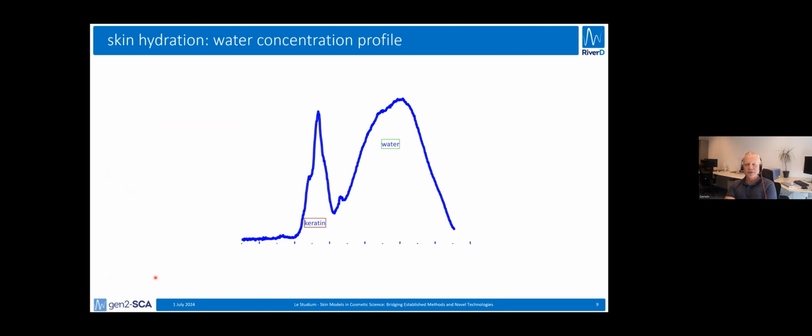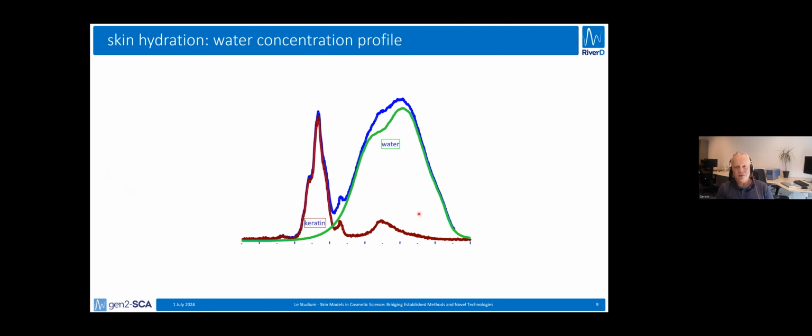So here we focus in on the high wave number region, which has signal contributions of primarily proteins and some lipid contributions and water. So the proteins and the water.